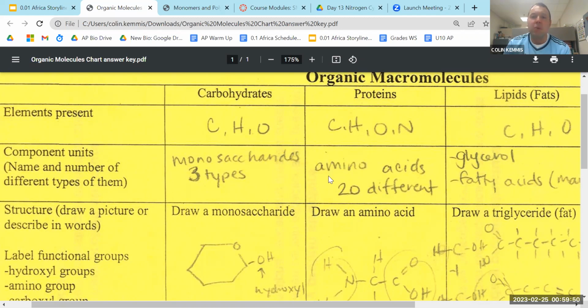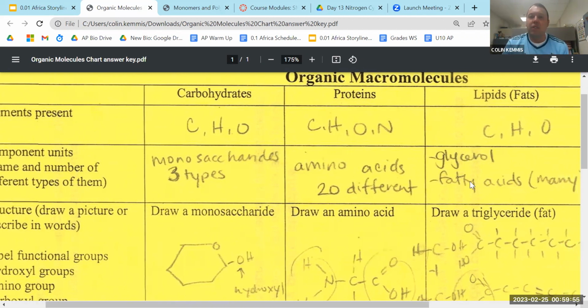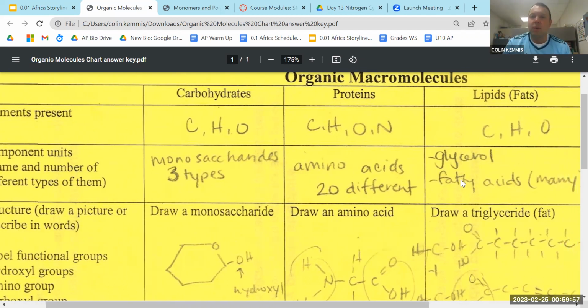We talked about 20 different ones last week. And then for the fat, the type we've talked about so far is triglyceride, one glycerol, three fatty acids. These are technically not monomers because they don't repeat, so instead we just call them building blocks.